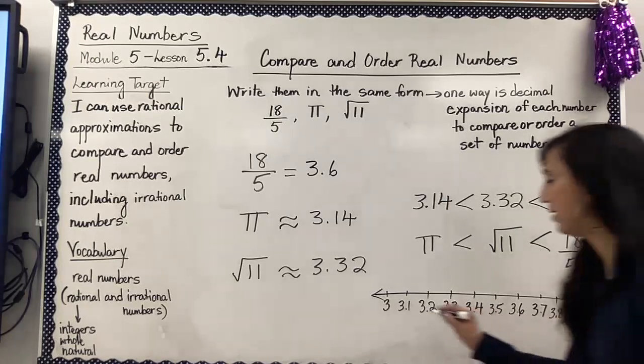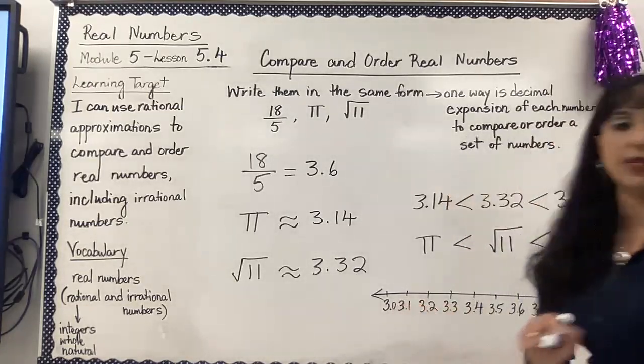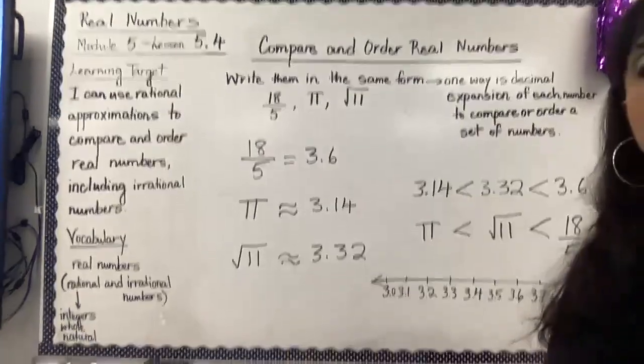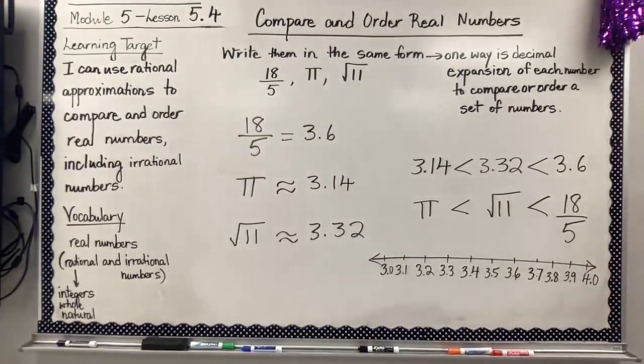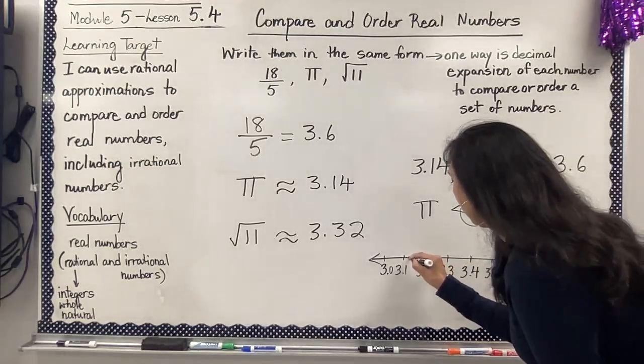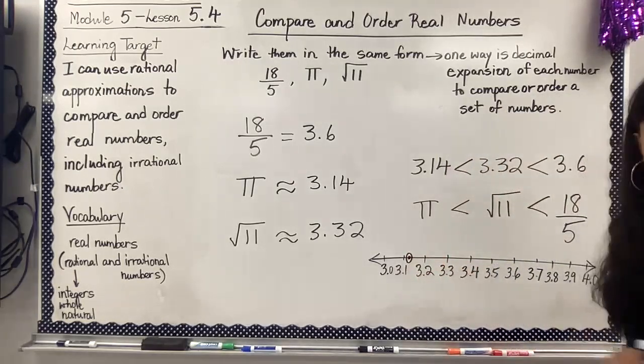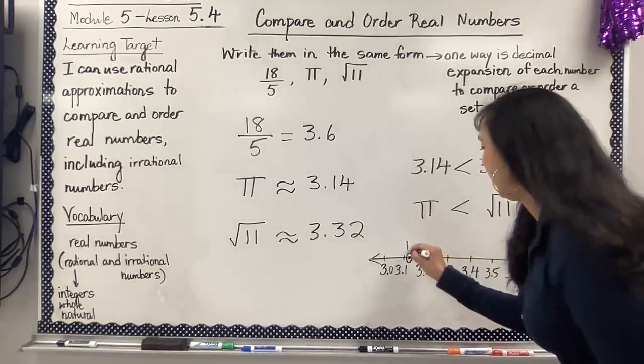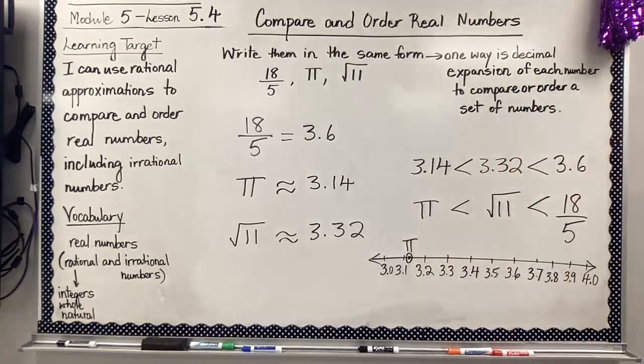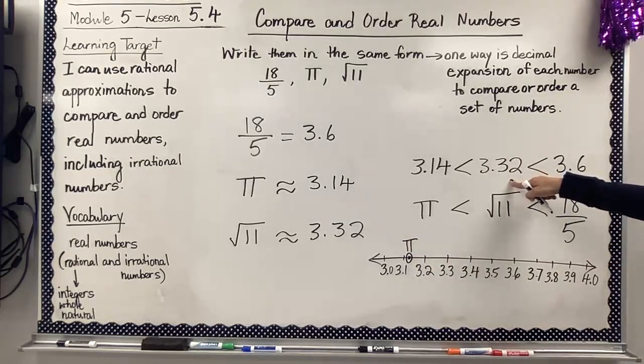You can either write 4 and 0 tenths, or 3 and 0 tenths over here. If I am plotting these numbers, I know that 3.14 is going to be somewhere over here. If I mark this, this is going to be my pi. And then I have this one, 3.32, which is going to be somewhere here.